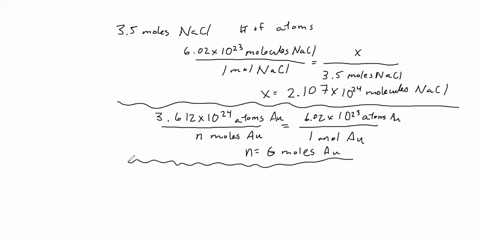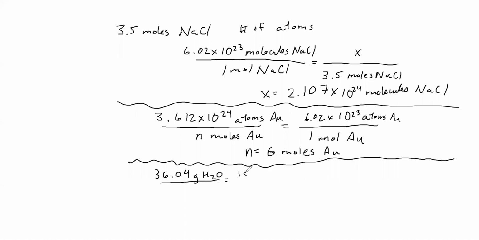So I'm now going to move on to probably the toughest variety, which is if I give you mass. For example, if I say to you that you have 36.04 grams of H2O, the first thing we have to do is find the number of moles.